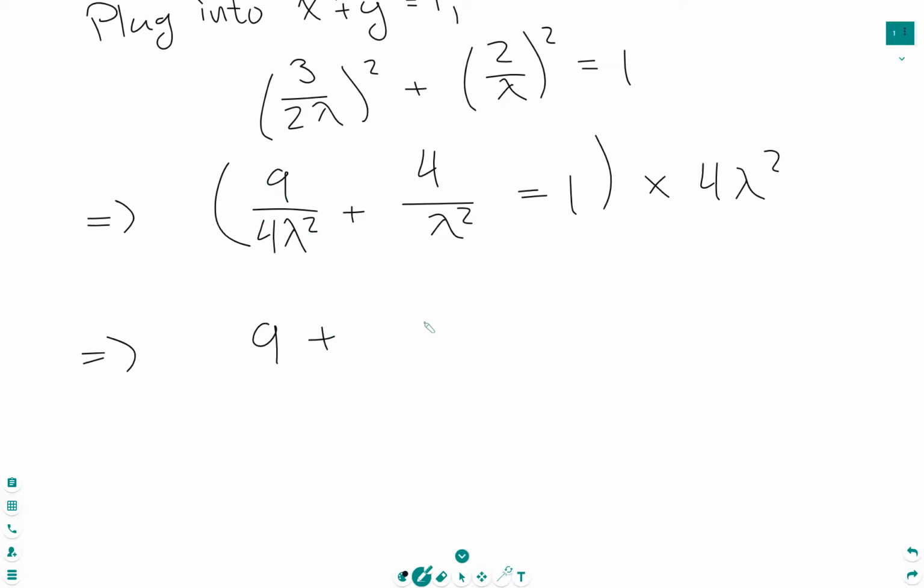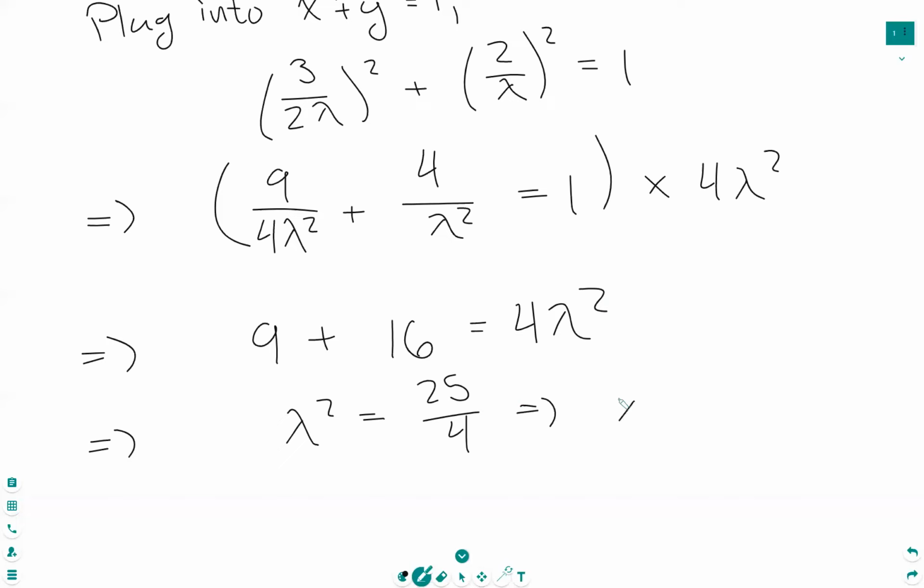Here I get 16. And then I get this is equal to 4 lambda squared. So I get that lambda squared is equal to 25 over 4, or that lambda is plus or minus 5/2.